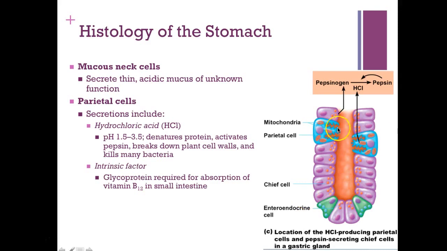Parietal cells, these blue ones, are very important because they are going to be secreting hydrochloric acid. This helps our stomach stay within a pH of 1.5 to 3.5 in order to denature protein, activate pepsin, which is an enzyme that breaks down protein, and it'll break down plant cell walls and kill many bacteria. We also have a component called intrinsic factor that is secreted by parietal cells, and this is a glycoprotein needed for us to absorb vitamin B12 within our small intestines.